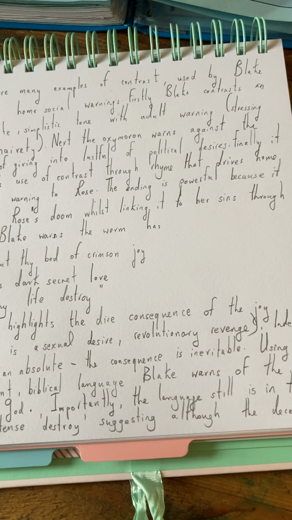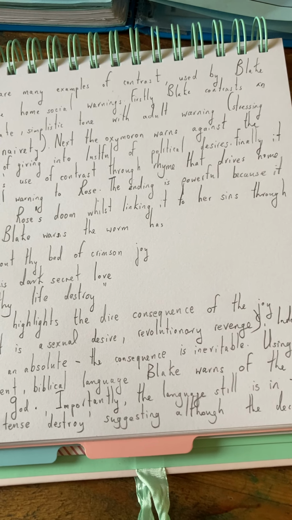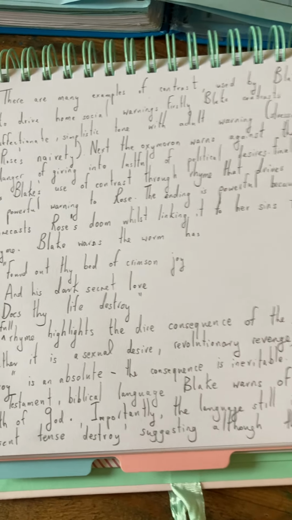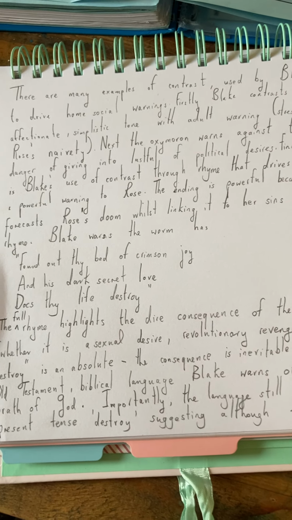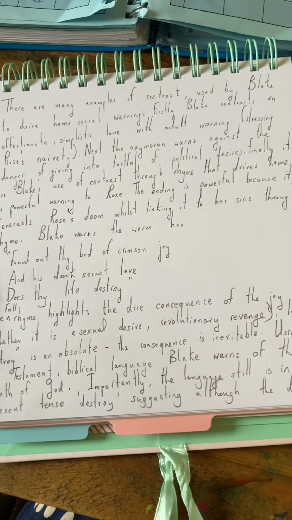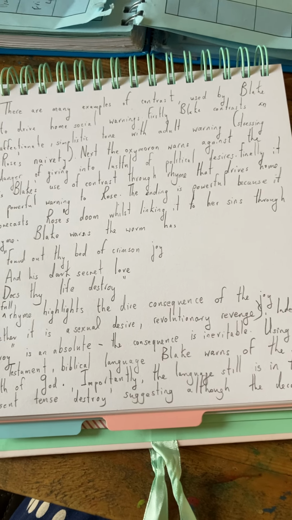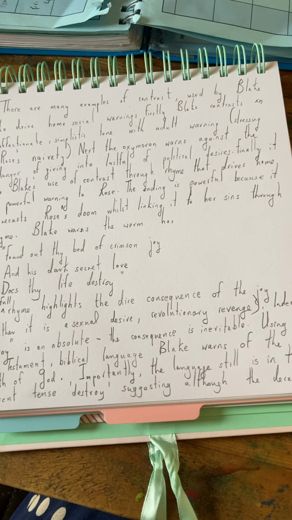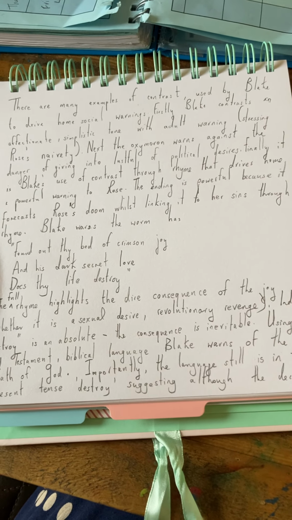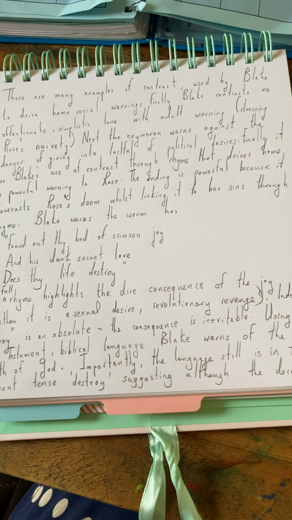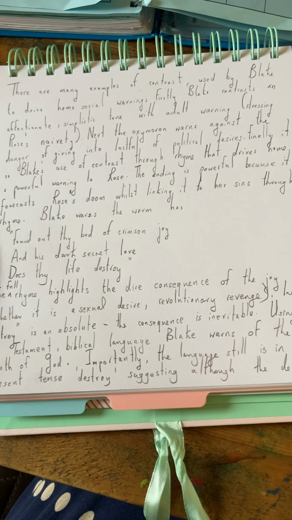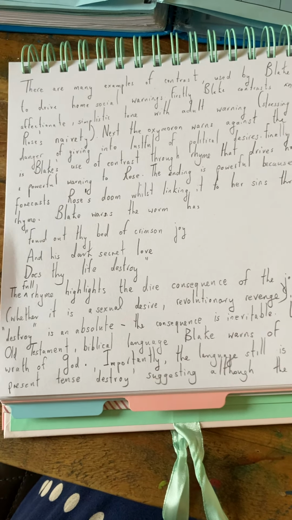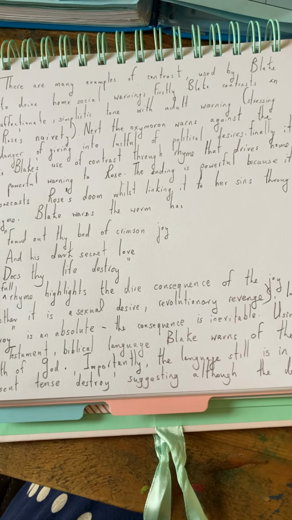Paragraph 3, next, the oxymoron, if you remember, crimson joy, warns against the danger of giving in to lustful or political desires. Finally, so this is where I'm pushing onwards, it's a sense of grandeur, a sense of this is my best idea. Finally, it is Blake's use of contrast through rhyme that drives home a powerful warning to Rose.